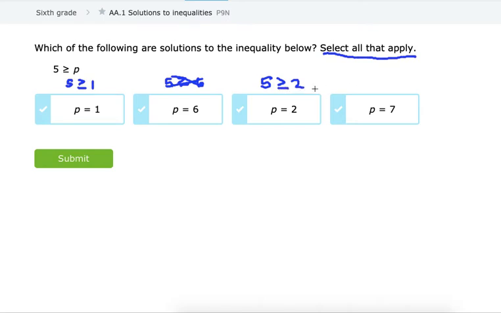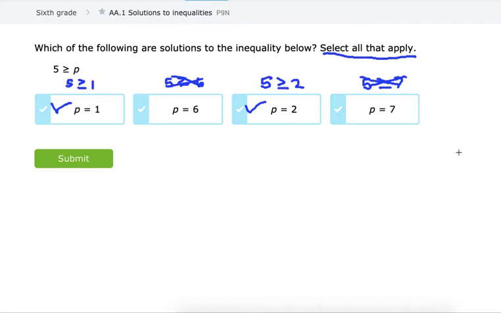Because 5 is greater than or equal to 2. And then our last one here is 5 greater than or equal to 7. That one's not a true statement either, is it? So we end up with this one being a solution and that one being a solution. So those are the ones we would check and submit.